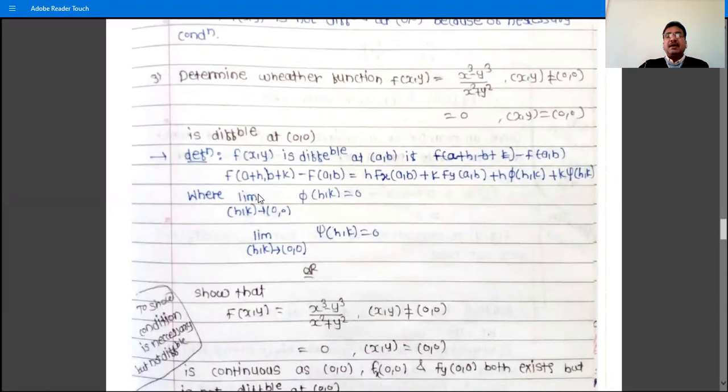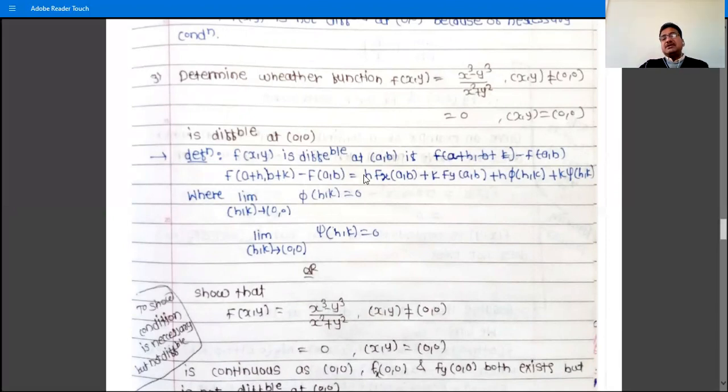For this function, we have to express this difference in this form. We have to show the function is differentiable at (0,0), that is, substitute a and b as 0 in this definition. So what is the definition now? f(0+h, 0+k), that is f(h,k), minus f(0,0).